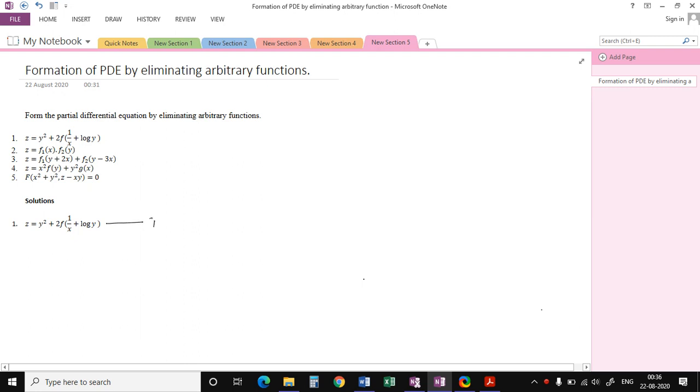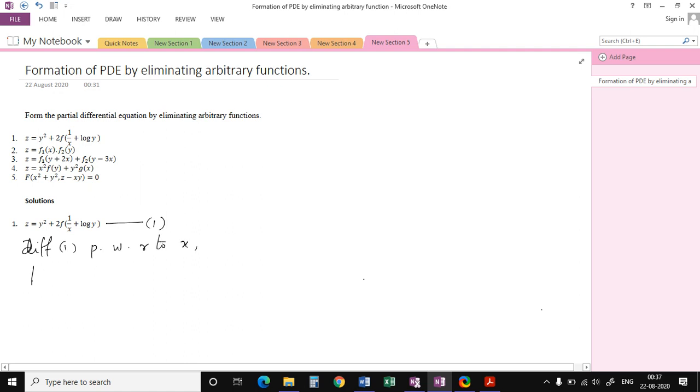So I will take this as equation number 1. So we need only first order partial derivatives. So we will differentiate equation number 1 partially with respect to x and y. So now differentiating equation number 1 partially with respect to x, we have dou z by dou x.